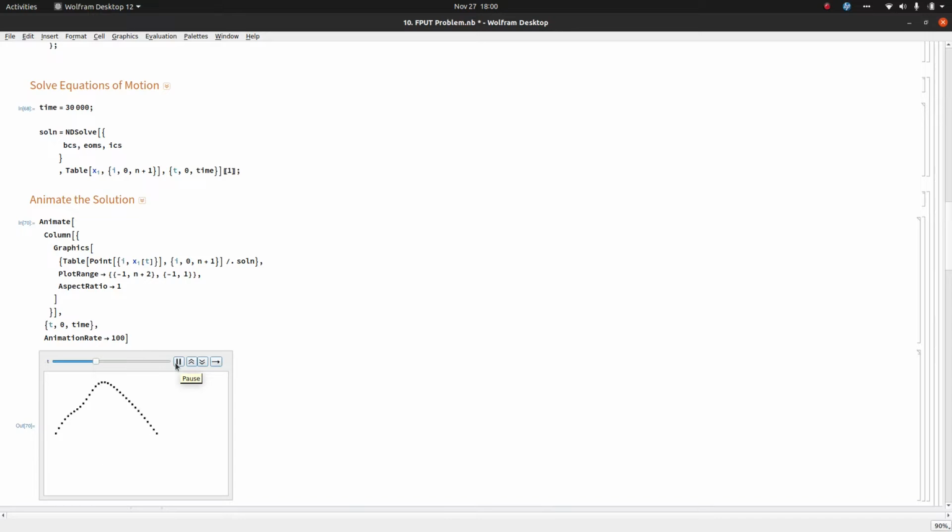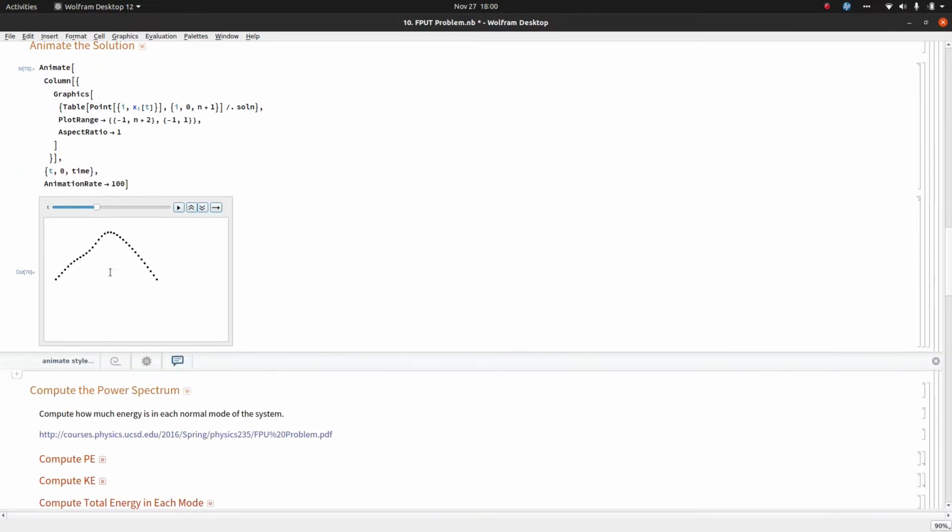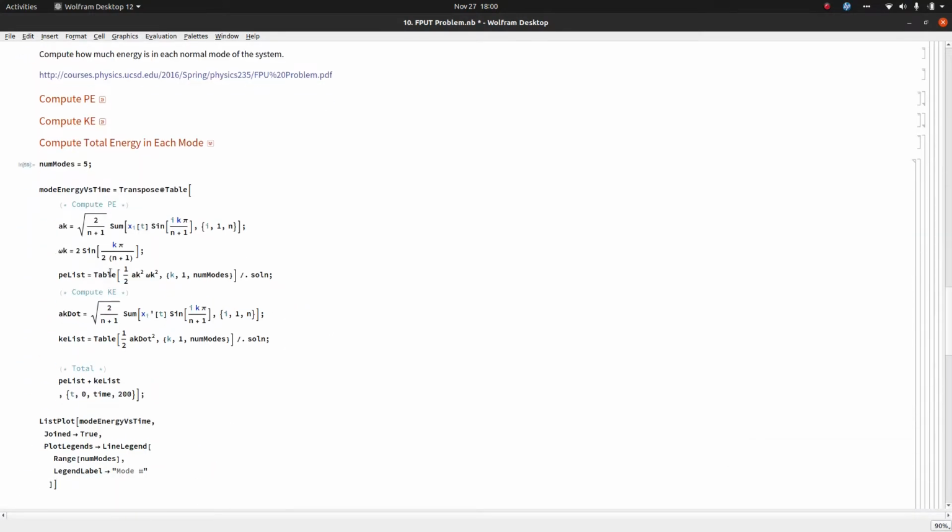Look at that. There's a point in here where it looks like it's back to almost mode number 1 again, where you had just that single hump in the sine function. What's up with that? Well, let's compute the power spectrum and see what the energy in each mode looks like.